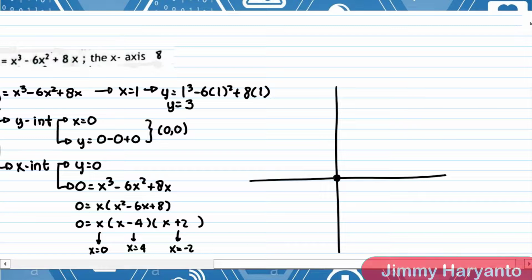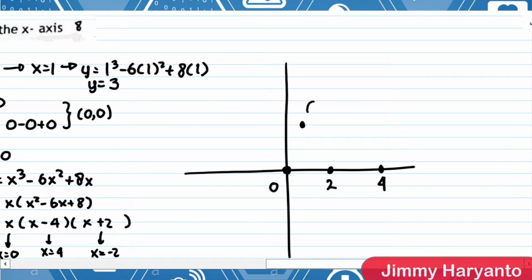You will have 0, 0, 2, 0, and then 4, 0. And also 1, 3. That's why I need another one, so that I know the shape of the curve. If you don't know this point, you will be confused if the shape will be like this or like that.